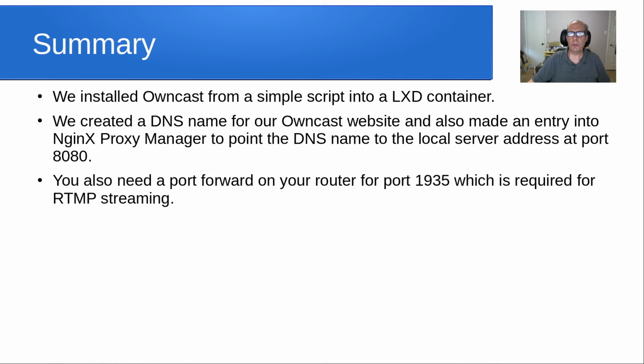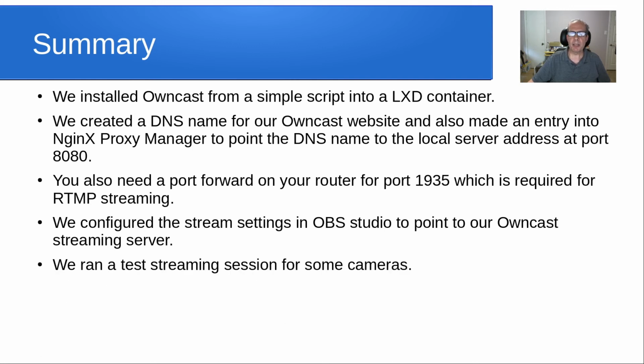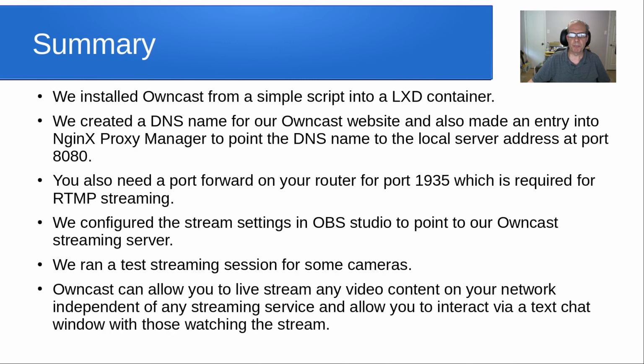You also need a port forward on your router for port 1935 to your Owncast server, which is required for RTMP streaming. We configured the stream settings in OBS Studio to point to our Owncast streaming server, and finally, we ran a test streaming session for some cameras.